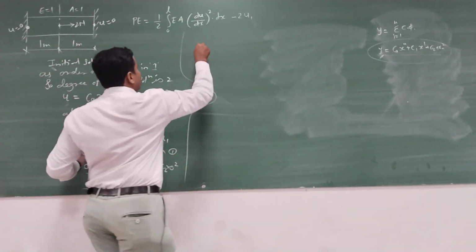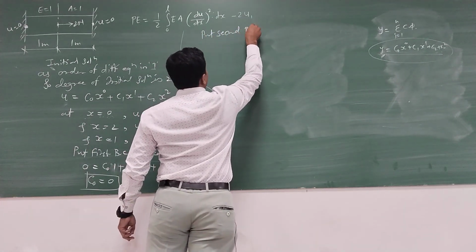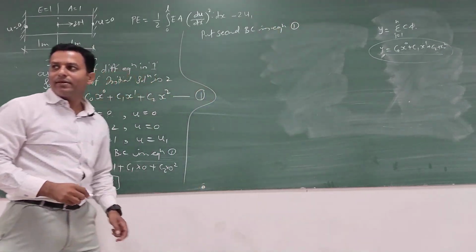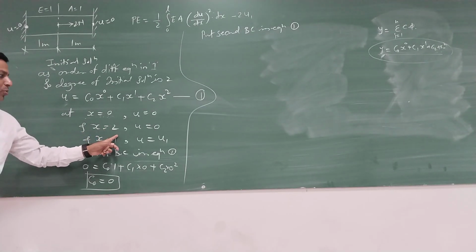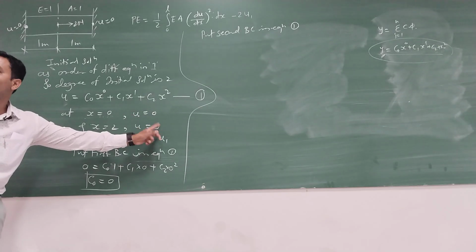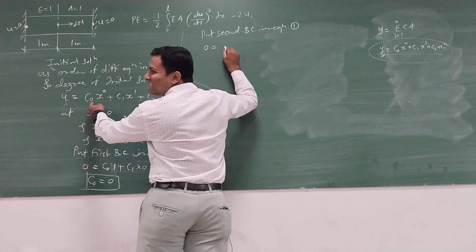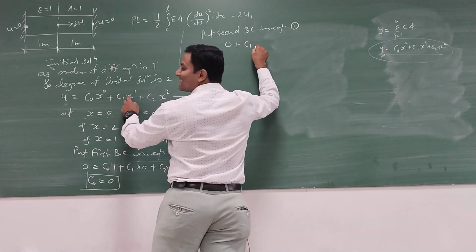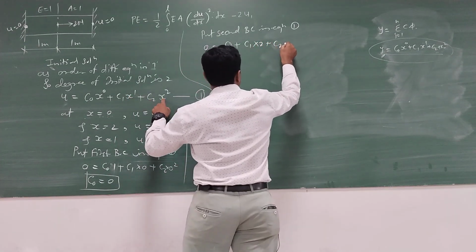So put second boundary condition in equation 1. Okay, boundary condition काय बघा? x is equal to 2 and u is equal to 0. So I'll write u equal to 0 equal to c naught is 0 plus c1 x is 2 plus c2 x is 2.